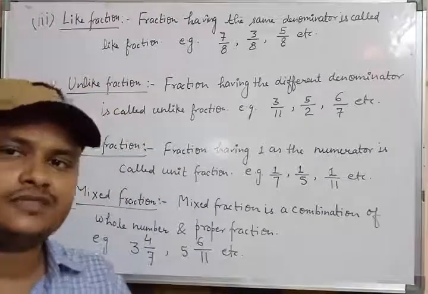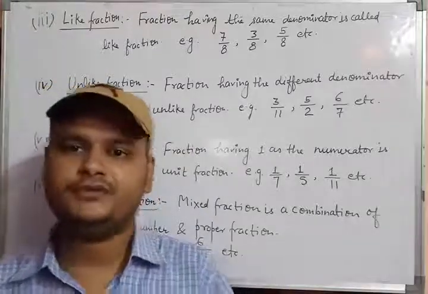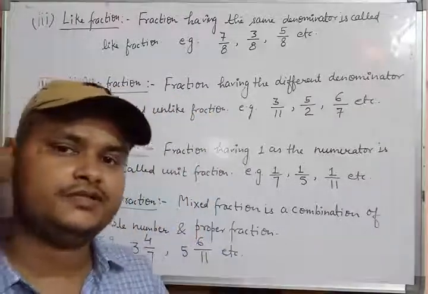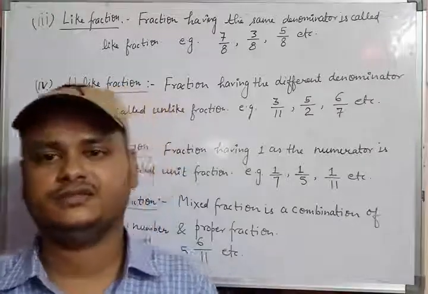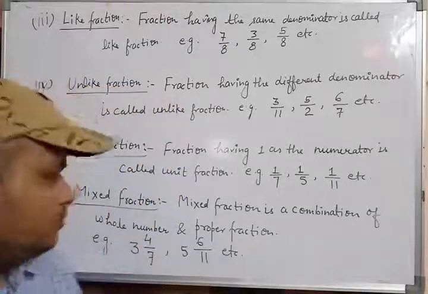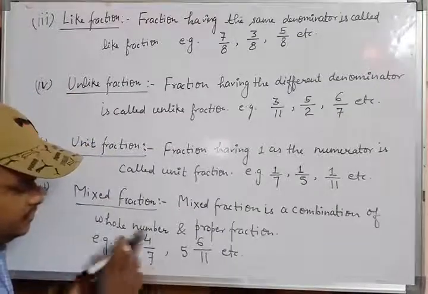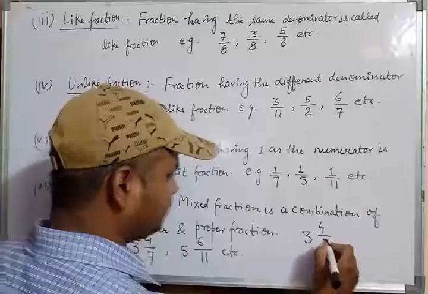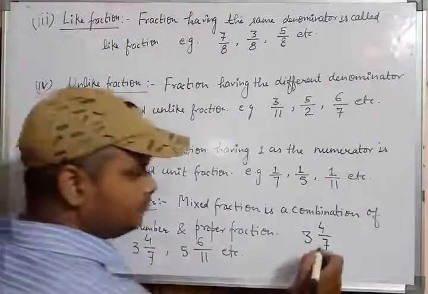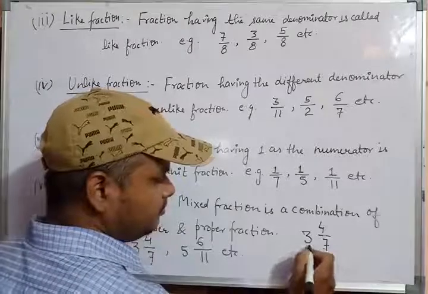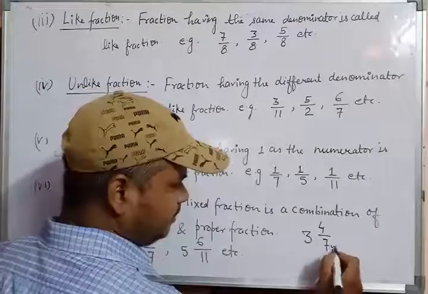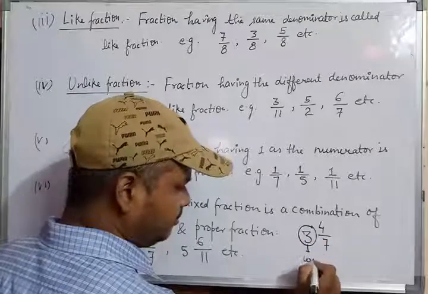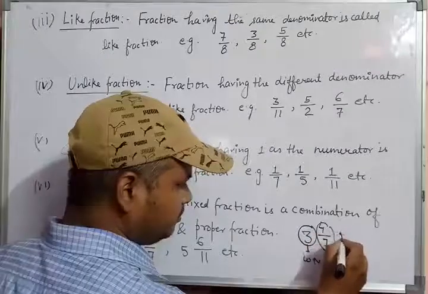In this concept you have to convert mixed fraction into improper fraction and improper fraction into mixed fraction. If you want to convert mixed fraction into improper fraction, it is very easy. You have to multiply the denominator by the whole part, because this is called the whole number and this is called the proper fraction.